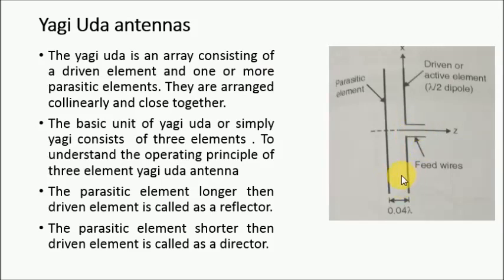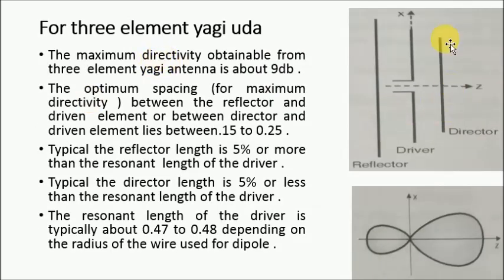So basically the separation is fixed, that is 0.04 into lambda, and we will see how we can arrange this. If you consider a 3 element Yagi-Uda antenna, it will be more clear, because we can see here this is the reflector, whose length is greater than the driver, and this is the dipole antenna. This is called the director, that is the last element, and which is very small.